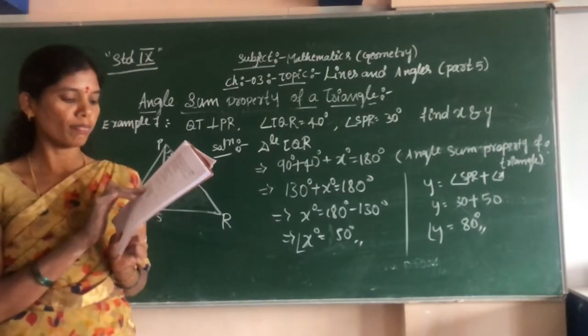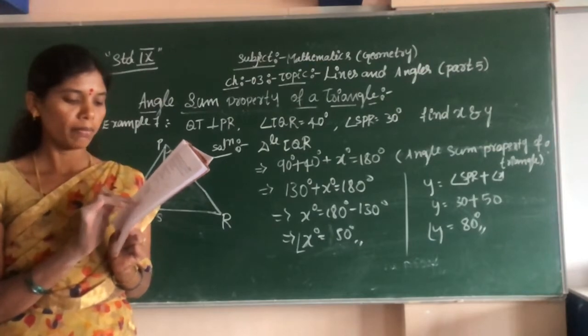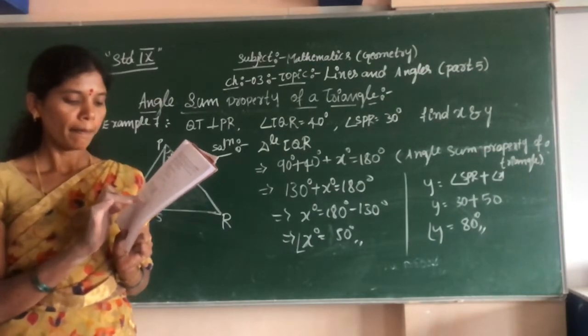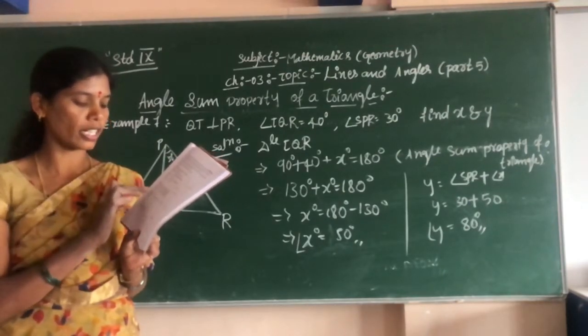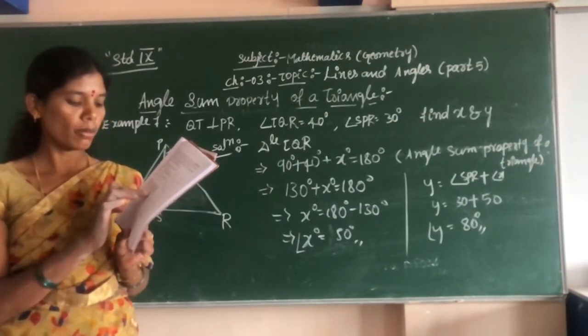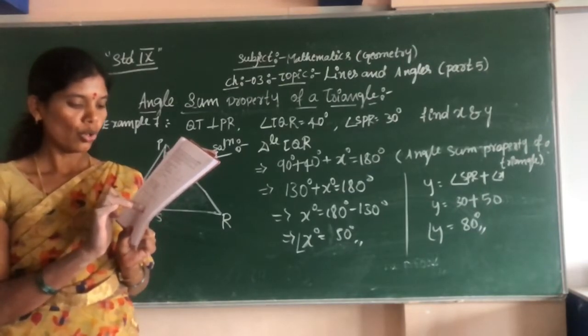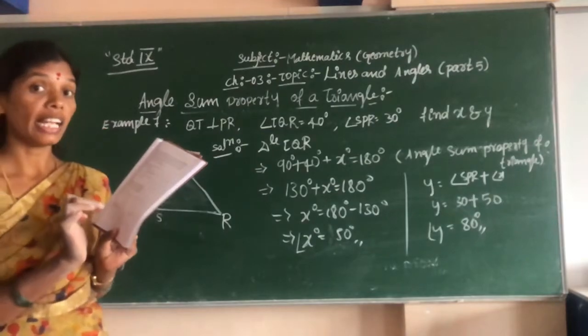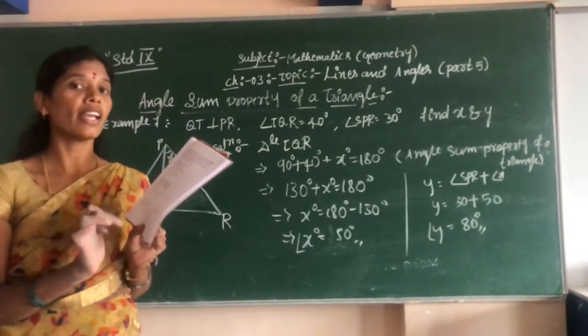If the bisectors BO and CO of angles CBE and BCD respectively meet at point O, then prove that angle BOC is equal to 90 degrees minus half of angle BAC.